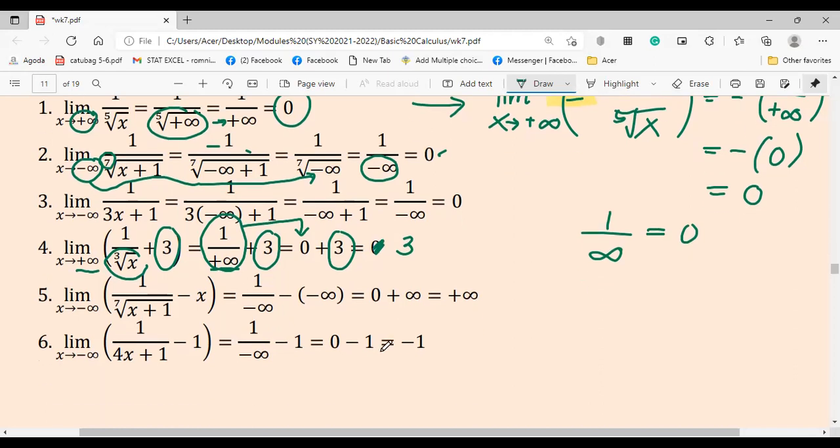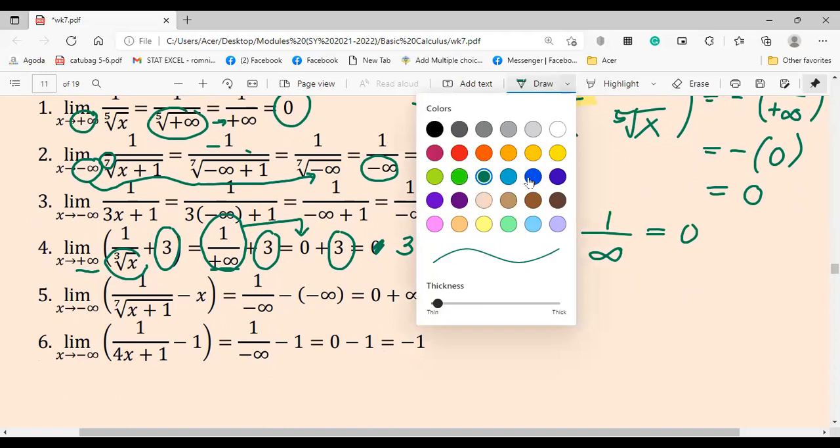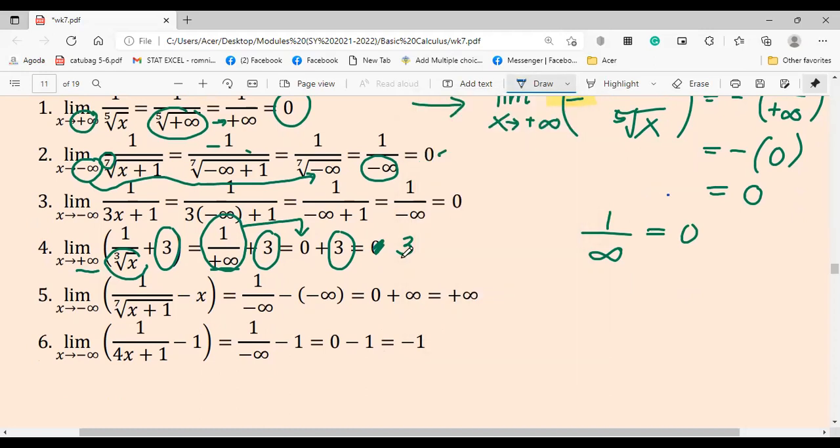That's interestingly the power of when you are recognizing 0. Katulad din siya ni number 7. Ito magiging negative infinity lang yan. So you have 1 over negative infinity minus 1. Ito ay magiging 0.